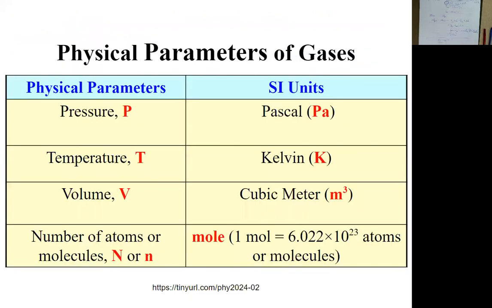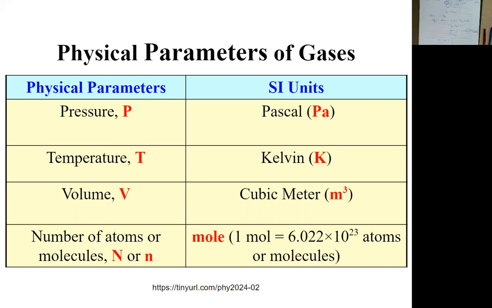To describe ideal gases, you need to have a few physical parameters. One is pressure, which we learned at the end of last semester. Pressure is equal to force divided by area under influence, and it has SI unit of Pascal, or newtons per meter squared. The second physical parameter is temperature, which has SI unit of Kelvin.